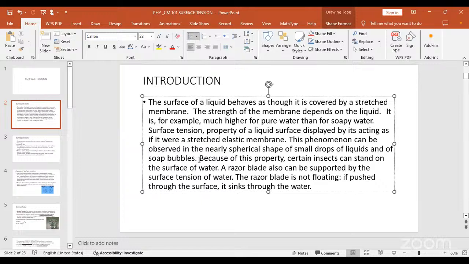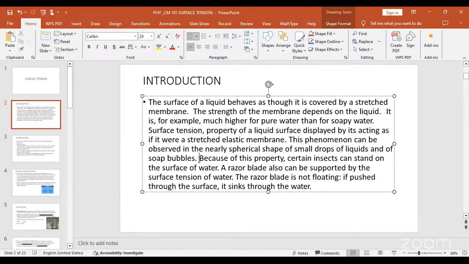Here, I'm trying to differentiate from Archimedes' principle, where an object floats in water, as against standing on water.